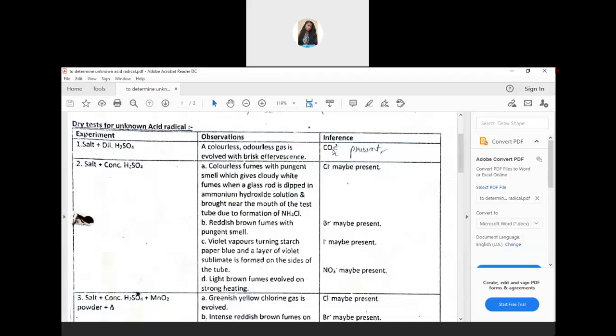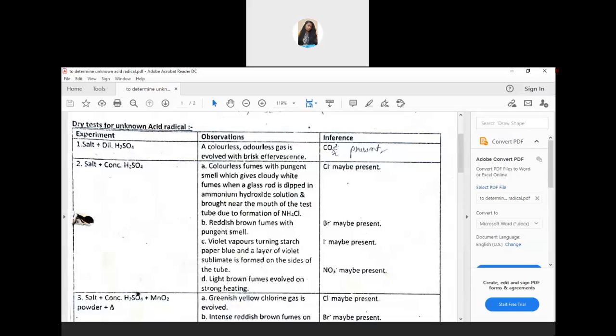If you observe this observation, that means bromide ion is present. If you cannot see this observation, that means bromide ion is absent, right? So the third observation you may see is violet vapors coming out from the test tube.